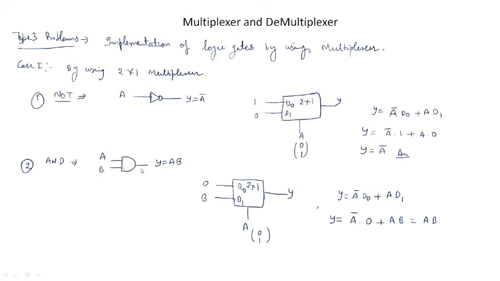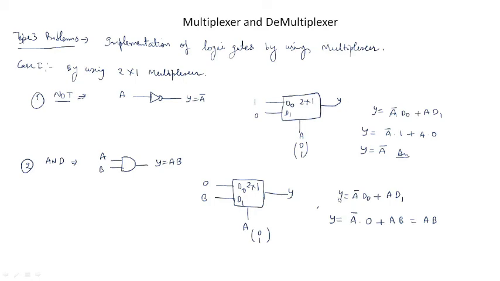Next is AND. Here you'll see that this is the AND gate. It has two inputs, so your output will be AB. Now this is a 2 by 1 multiplexer, so there are two input lines, and here we have to select the input lines 0 and B. Our select line will be A always, because we have two input lines, so there will be one select line and there will be two rows, 0 and 1.